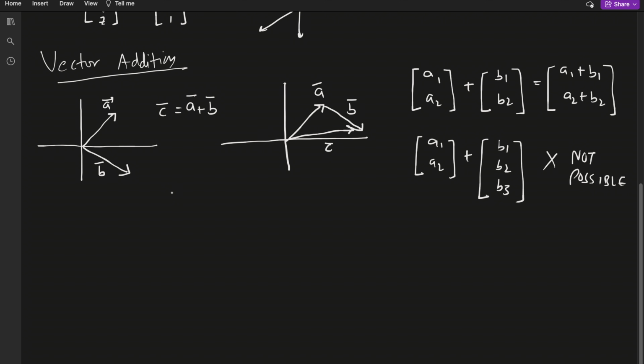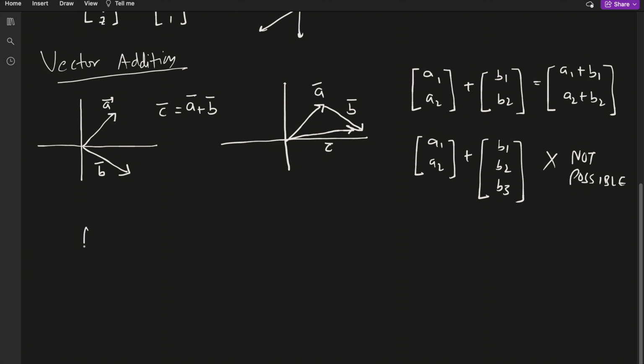And there is this arrow interpretation as well, where we move this b vector such that the tail of the b vector is placed on the tip of the a vector, and then we join the tail of the a vector with the tip of the b vector.